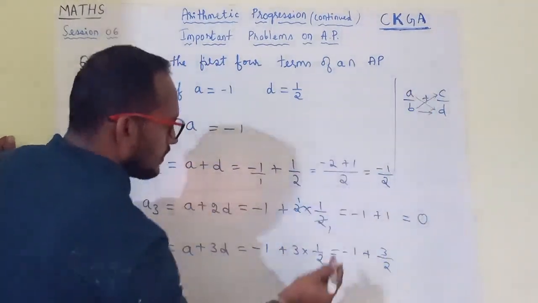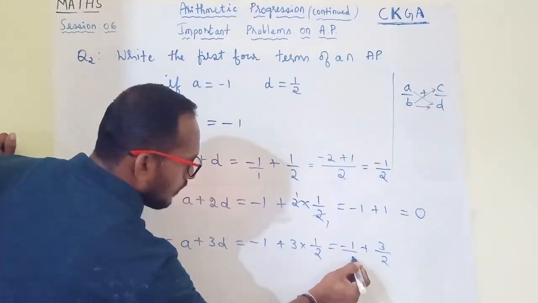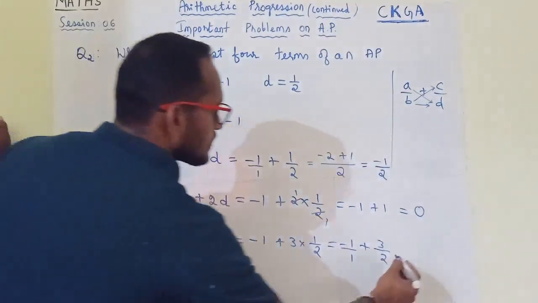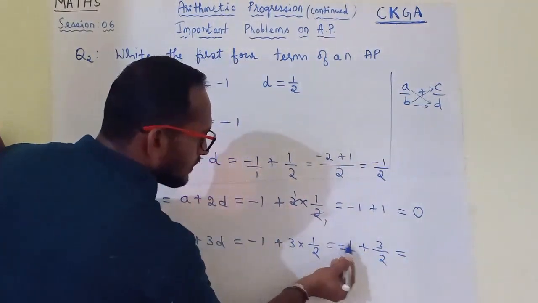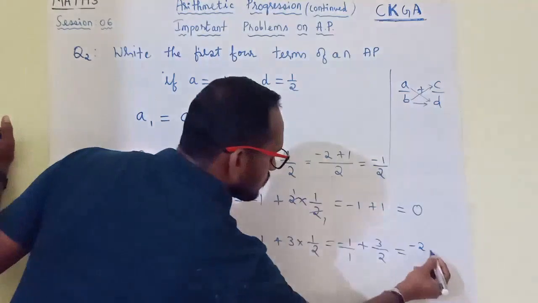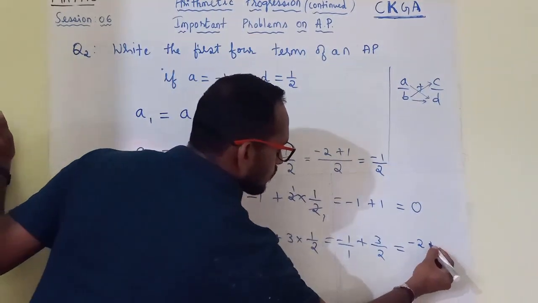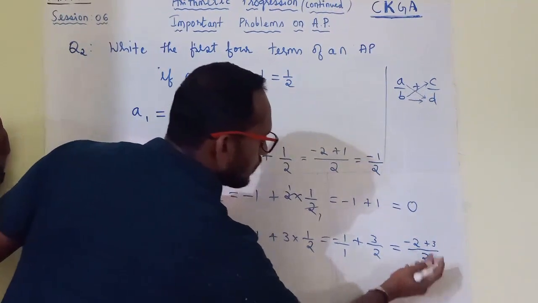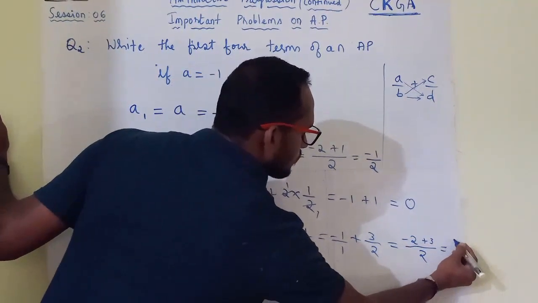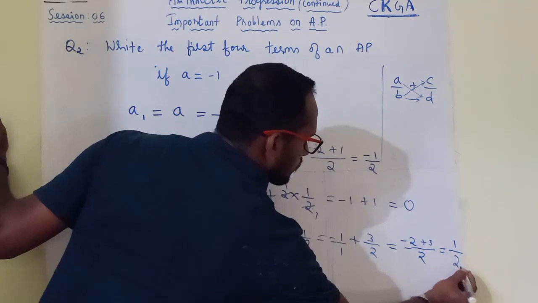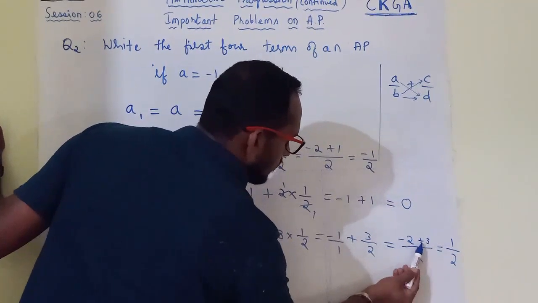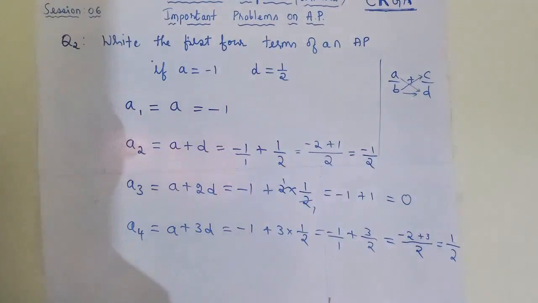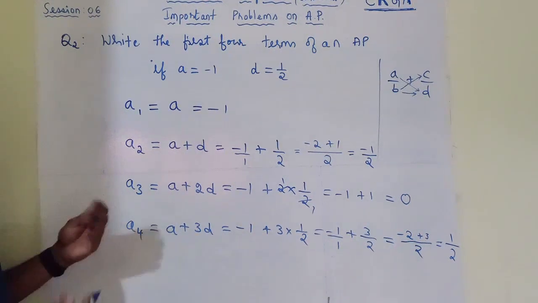Use the same strategy as before, writing minus 1 as divided by 1, and use the crisscross addition technique. Minus 1 times 2 is minus 2, 1 times plus 3 is plus 3, divided by 1 times 2 which is 2. 3 minus 2 is 1 by 2. We take the sign of the greater number, and here 3 has the greater number sign. So now you have found all 4 terms of the sequence.